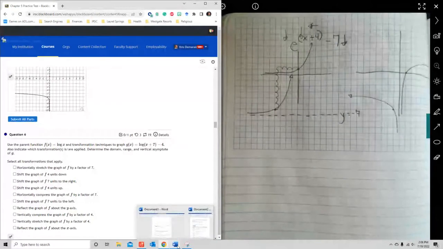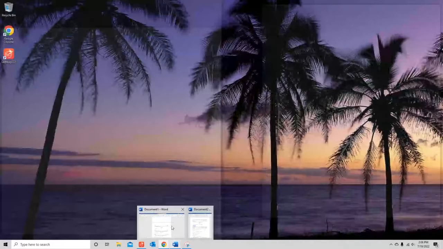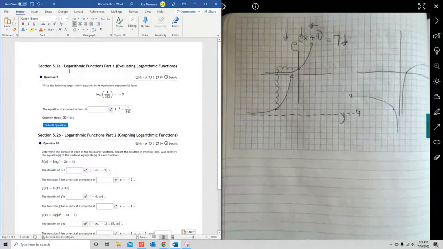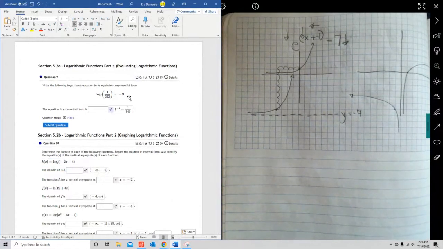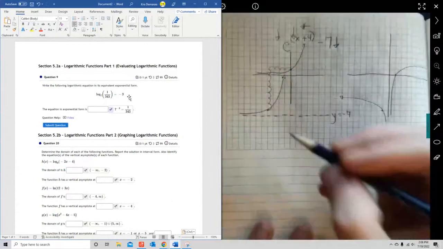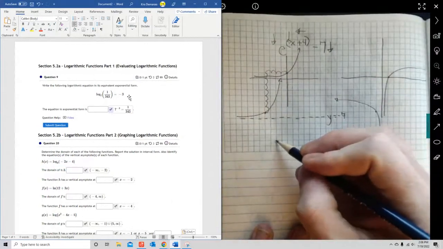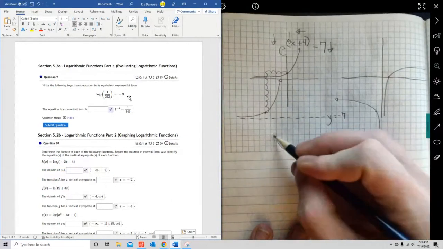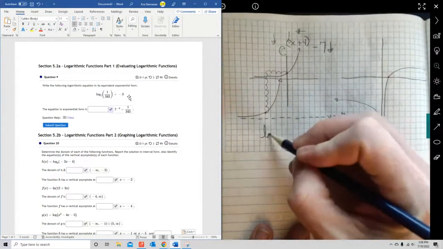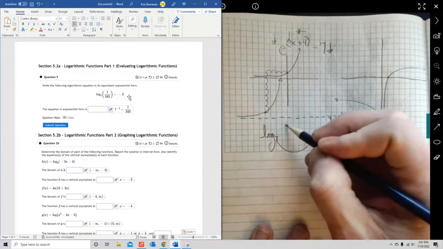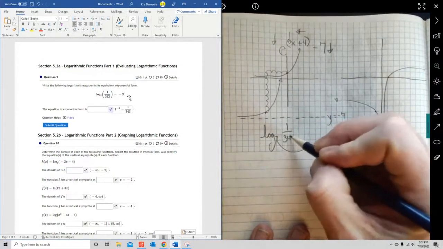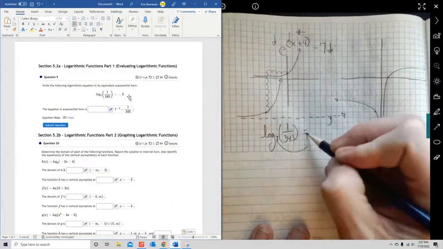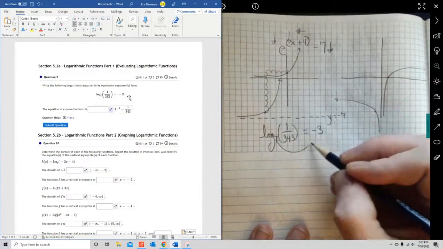Now I'm going to bounce over to a question here that is also a question you're going to have that I want to go over. All right, write the following logarithmic equation in the equivalent exponential form. So when we're talking about that, remember that since it's log, we take the base of the log and we move it. So let's say log base 7 of 1 over 343 equal to -3.